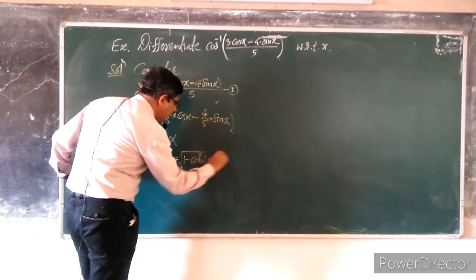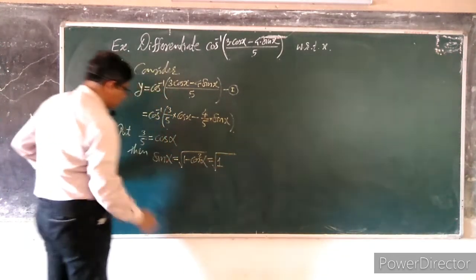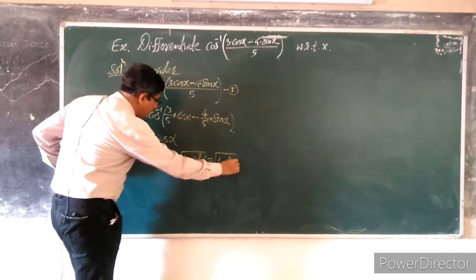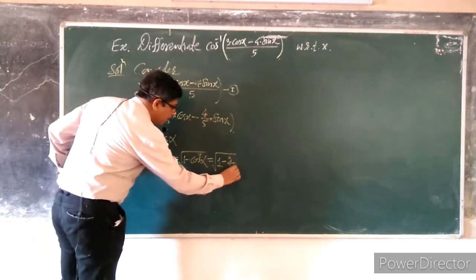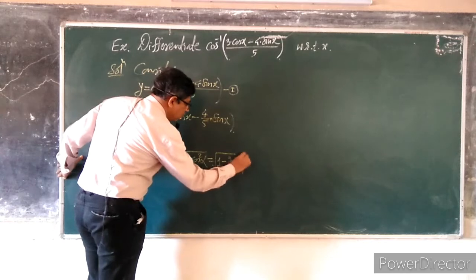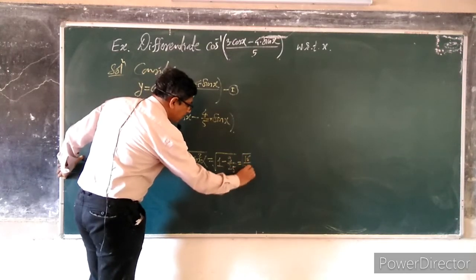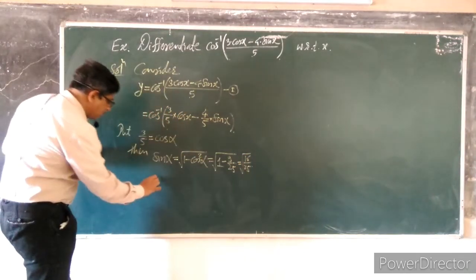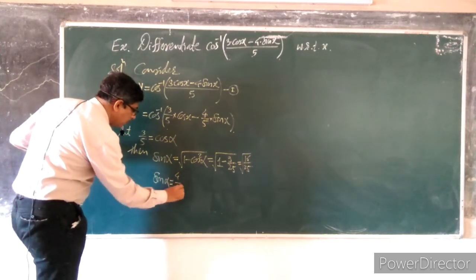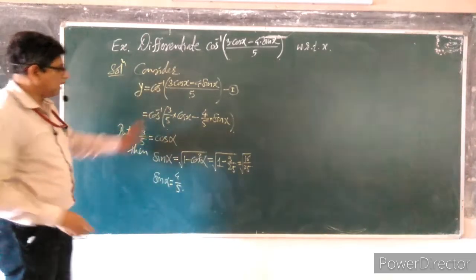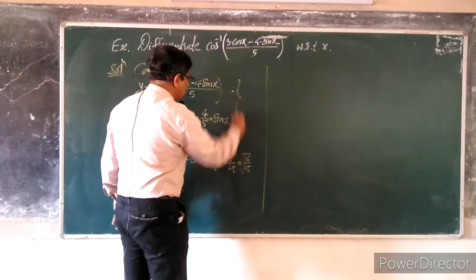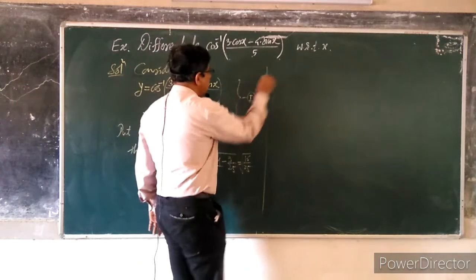Using that value here, we will get root of 1 minus, cos alpha is 3 by 5, so its square will be 9 by 25, and it is 16 by 25, under root 16 by 25. And so we are getting sin alpha is equal to 4 by 5. So using it combinedly, I will call this as equation first.